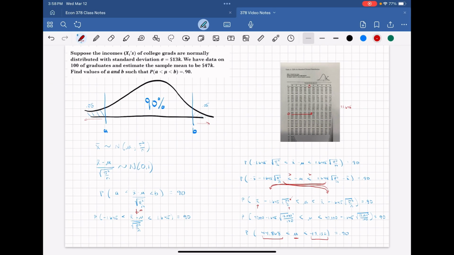And so that's how, with a known population standard deviation and data giving us the sample mean, we can calculate a confidence interval and estimate where the population mean is located.